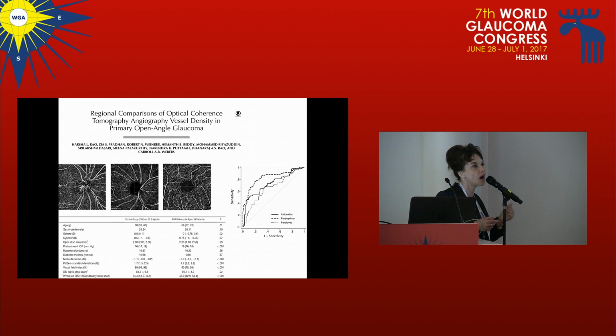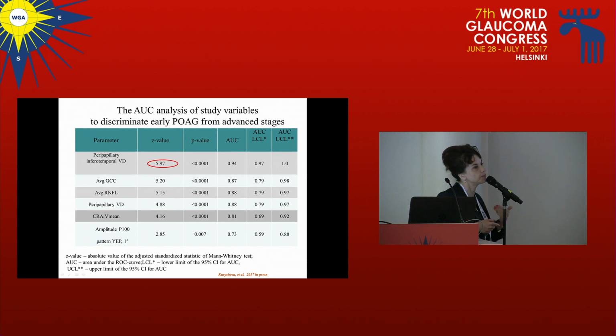In contrast to our data, Indian authors recently reported the priority of evaluating vessel density in the inferior temporal peripapillary retina over the macular area in early glaucoma detection. But we explain this by the more severe glaucoma process in patients recruited in that study compared to our patients, because it really depends on the stage, on the severity of the glaucoma process.